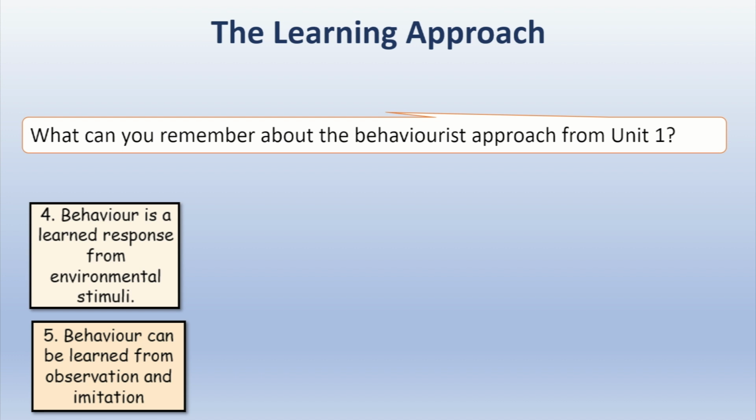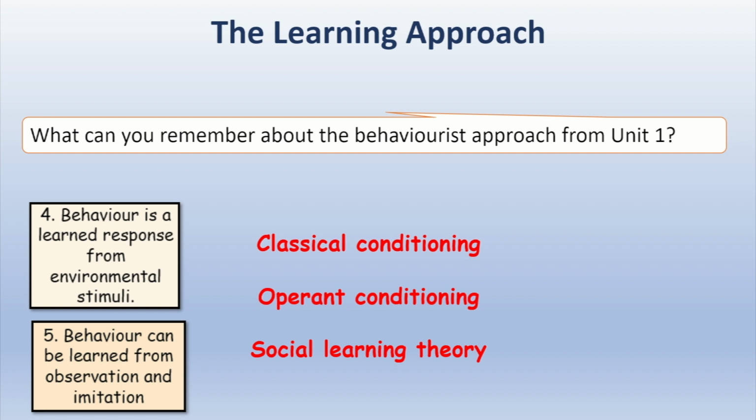The bottom bit, number 5, is to do with social learning theory, which is a separate approach within the learning approach. Within the learning approach, you've got the behaviourist approach, and then you've got social learning theory. We're not going to do much on social learning theory today because that's for the next video. So you've got classical and operant conditioning, which is the behaviourist approach, and social learning theory is separate.